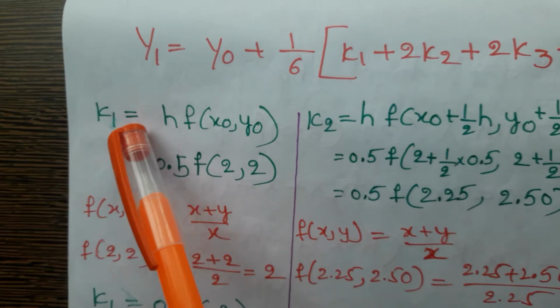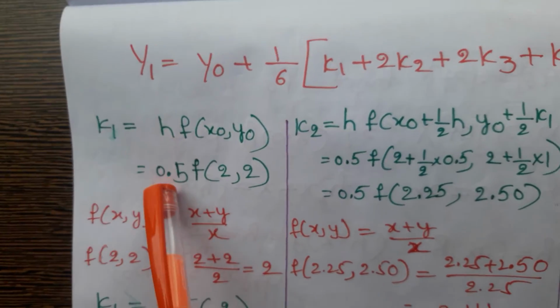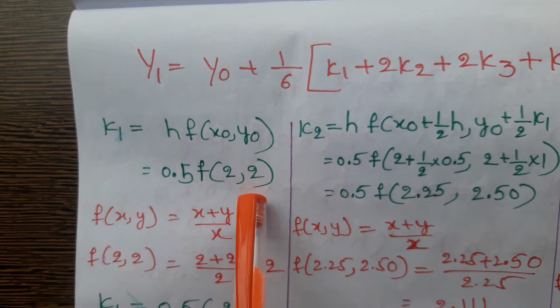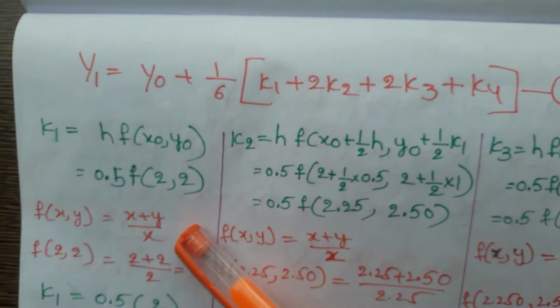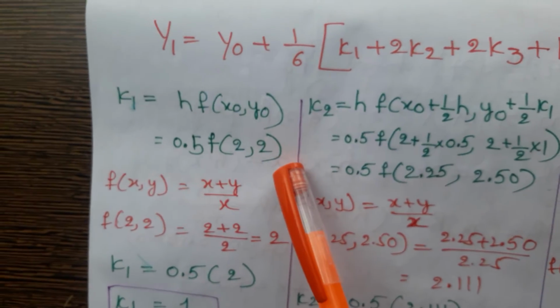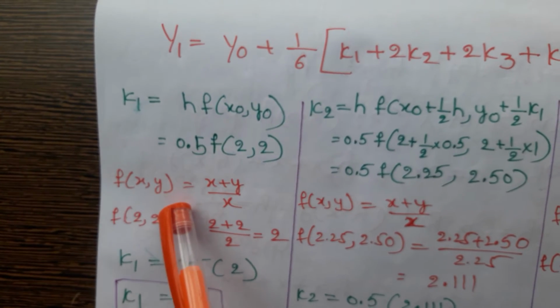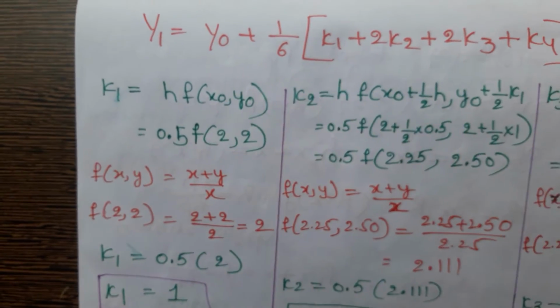So we need to find k1. The k1 formula is h into f of x0 comma y0. h means 0.5, x0 means 2, y0 means 2. So from the table, x0 is 2, y0 is 2, we have f of 2 comma 2. This is in the form of f of x comma y, and f of x comma y is equal to (x plus y) by x.